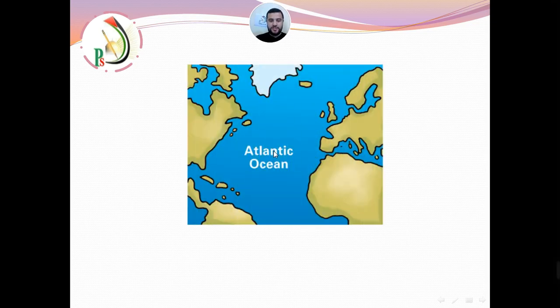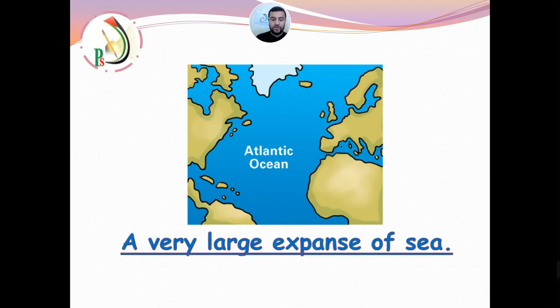Let's move to this picture. What do you think is this large area? Is it a sea, a river, or is it bigger than the sea and the river? Excellent. It's bigger than the sea, so it's a very large expanse of sea. You can say simply, it's a large sea. What do we call it?